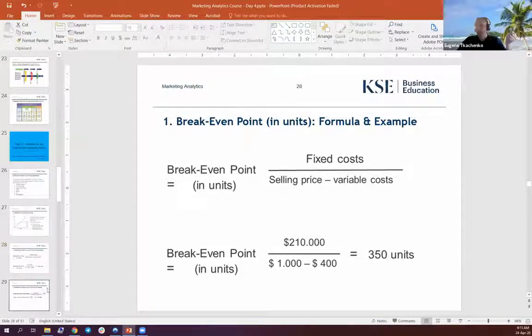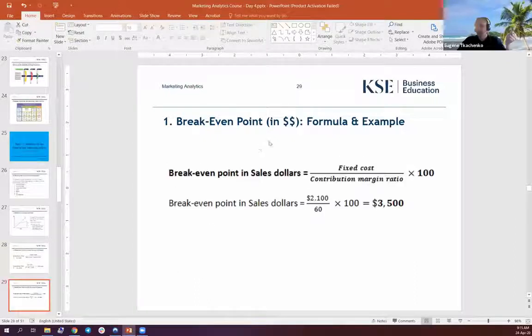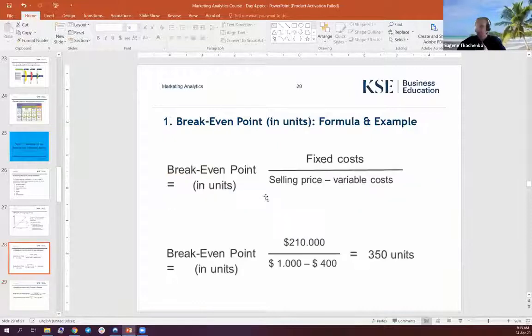And again, there is a similar formula for the dollar value, where we calculate based on the contribution margin ratio. So it's basically the same explanation, just expressed in a cost way.